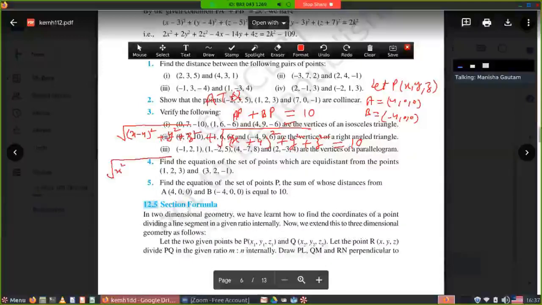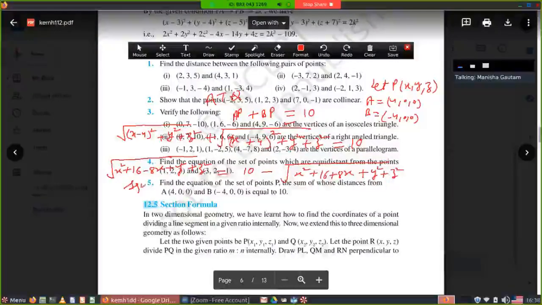x square plus 16 minus 8x plus y square plus z square is equal to 10 minus under the root, shifting the second root statement to the right hand side, x square plus 16 plus 8x plus y square plus z square.